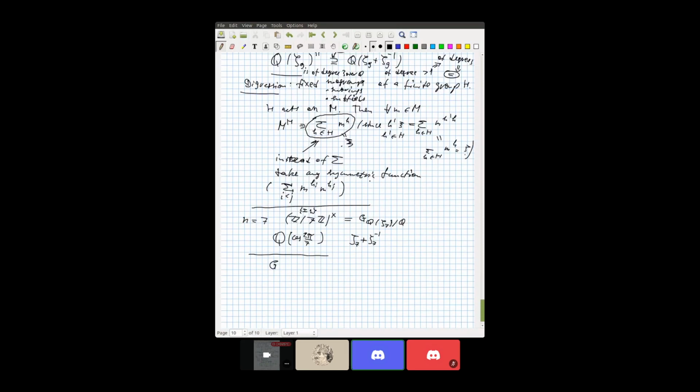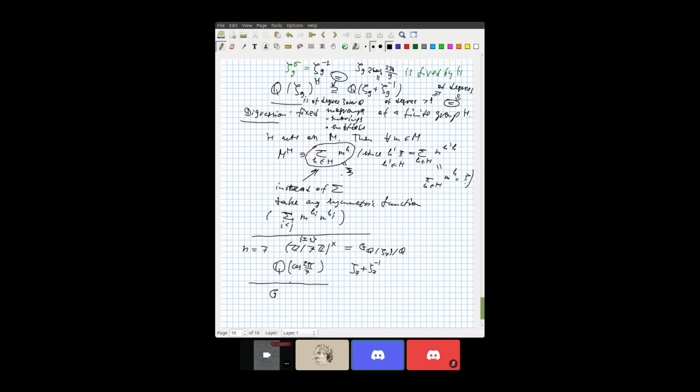The only difference is that there it was 2 pi over 9, and perhaps the main idea is that we take all such elements whose orders multiplied by 3 in this example will give us the order of the Galois group of this extension.